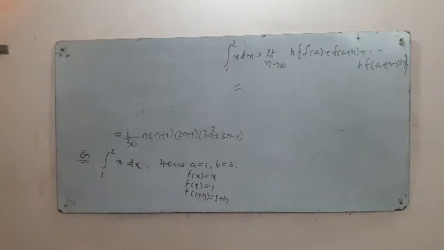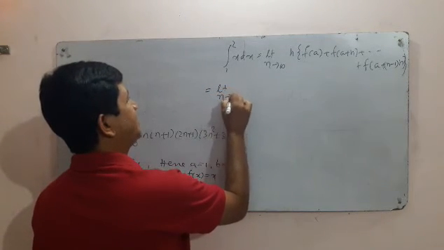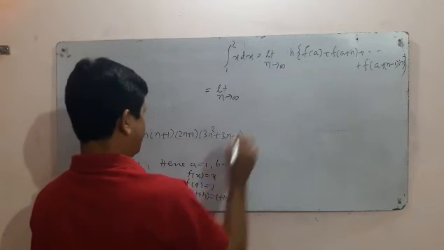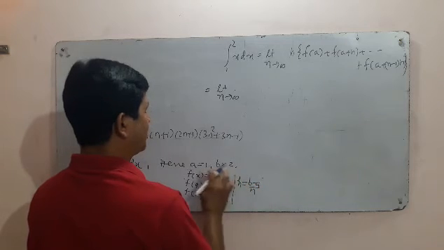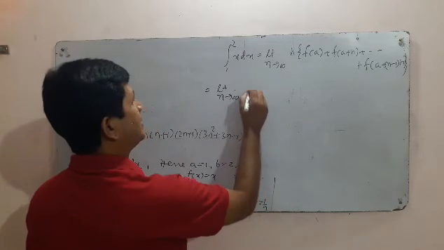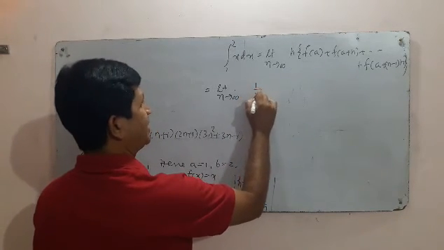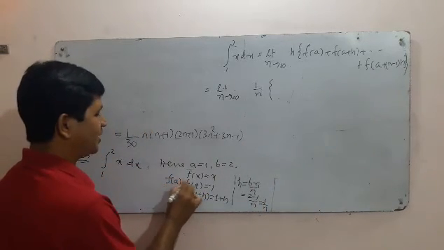Now we put the value of n and also the value of h. Equals limit n tends to infinity. What is h? h is equal to b minus a by n. 2 minus 1 by n means 1 by n. f of a means f of 1. f of 1 is 1.